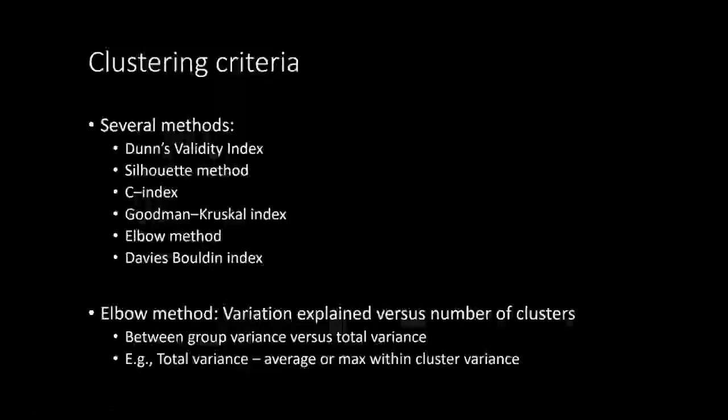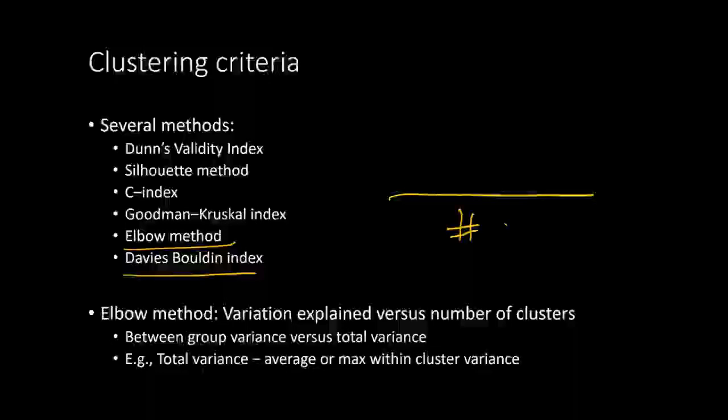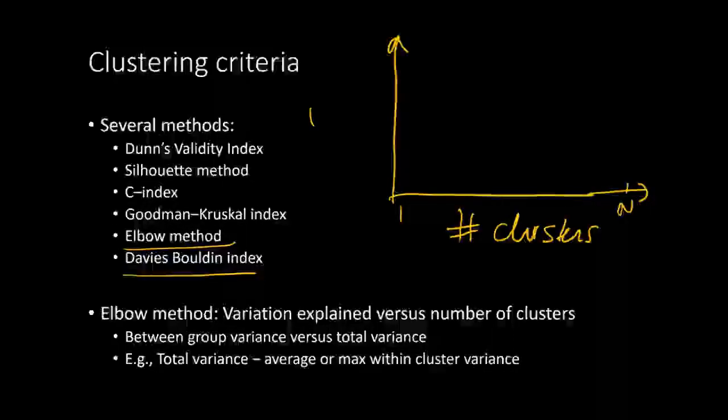We will look at two different ways of doing it. One is the elbow criteria, the other is the Davies-Bouldin criteria. In the elbow method, we are looking at the proportion of variance that is explained by the clustering. We have the number of clusters on the x-axis, which will range from 1 up to n, and on the y-axis we have variance explained.